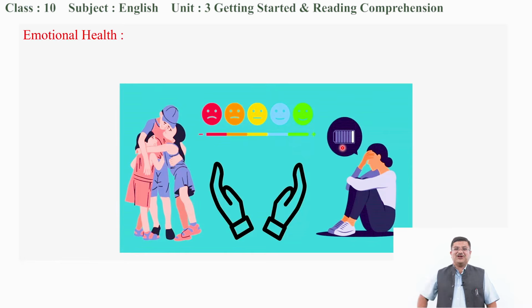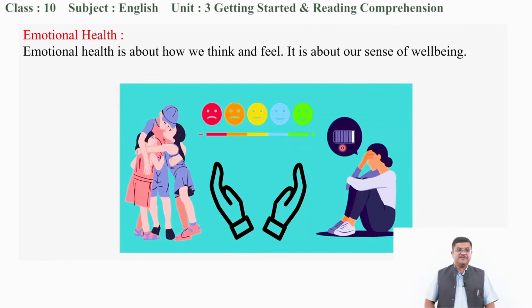Now, this is known as emotional health. You know, emotional attachment. There must be good emotion that is related to anxiety, fear, love, affection. These sorts of things are related to emotional health. So in order to become healthy and well, a person must have good emotional health.